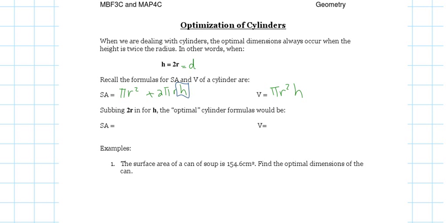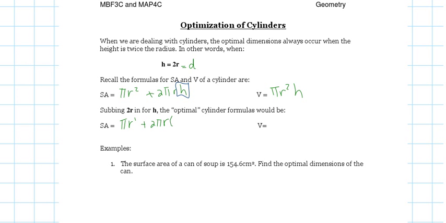What am I going to replace h with? 2r, because I want the height to be twice the radius.